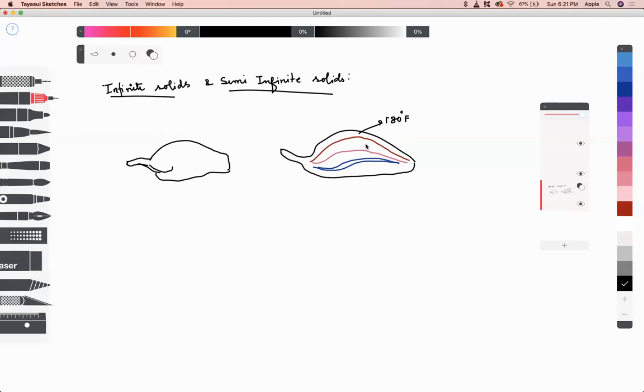And here, let's say a little lesser than that. Here we can take it to be a little lesser than this one, maybe 120. And at the core, let's say the temperature is around 80.